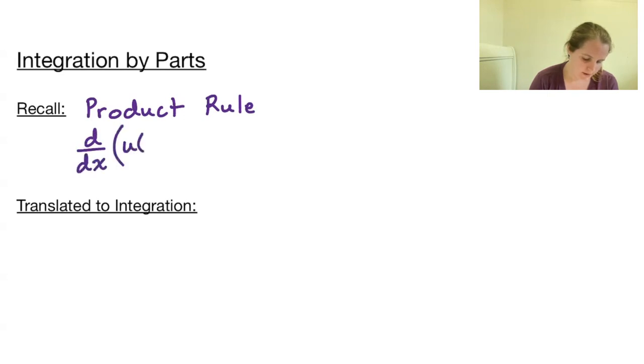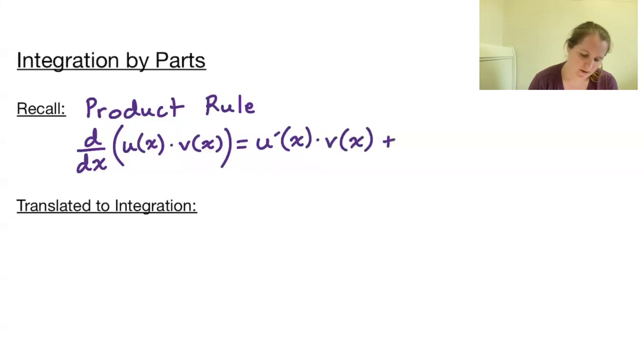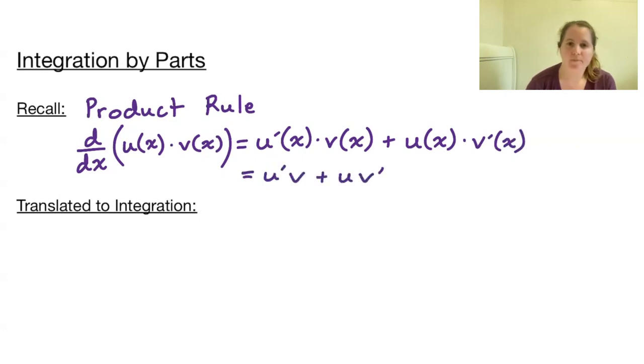of a u of x times v of x, that we can do the derivative of u times v plus u times the derivative of v, which I'm going to just shorthand as u prime v plus uv prime.